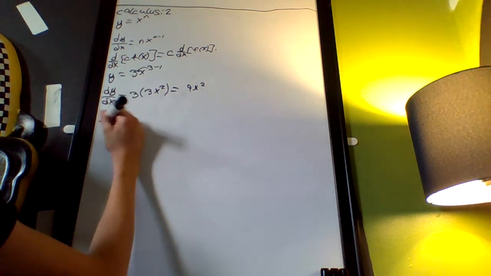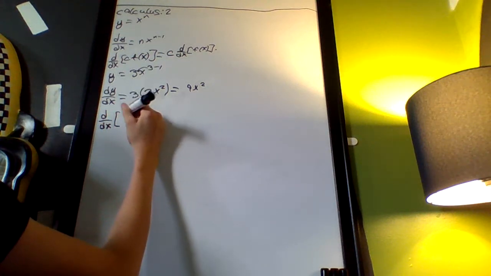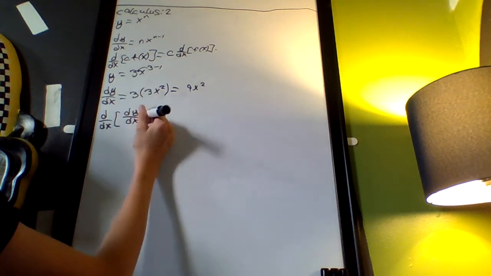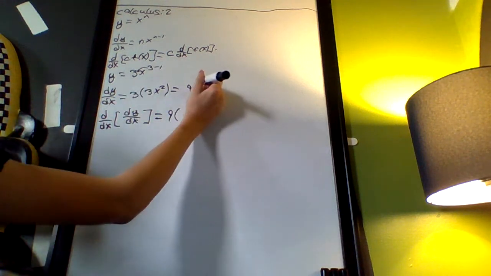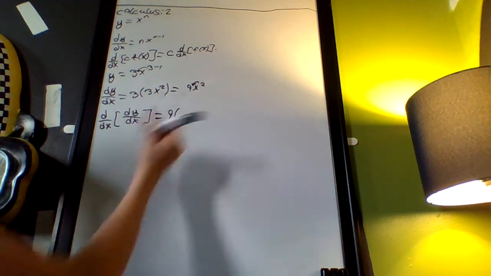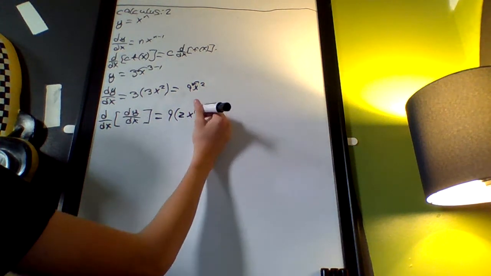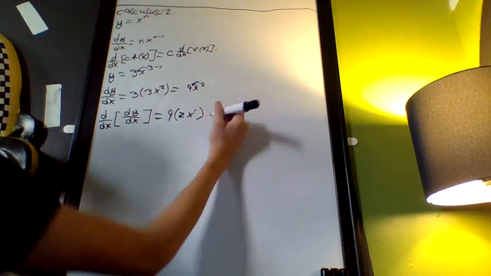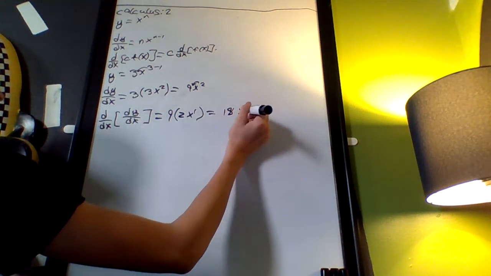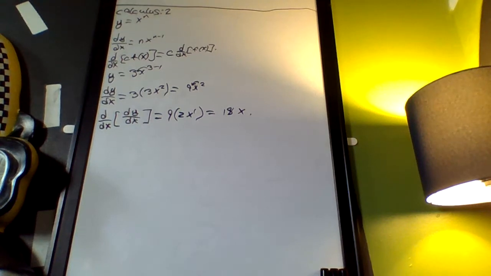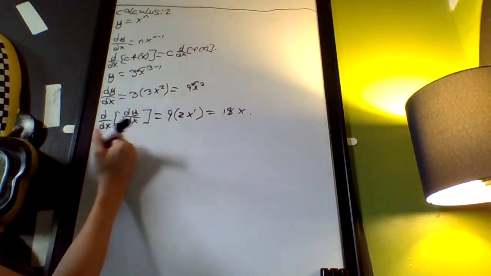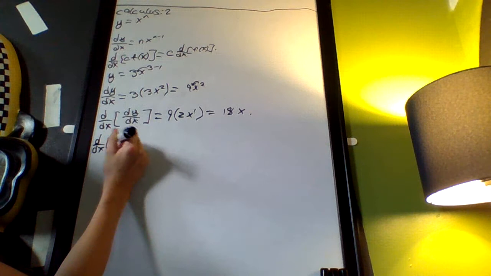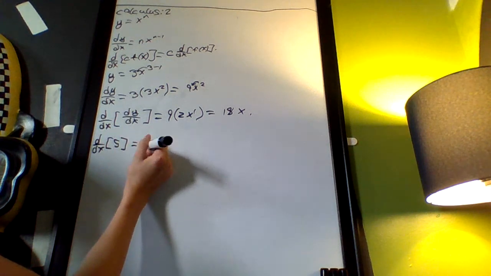And if I were to take the derivative of that, it's going to be 9 times the derivative of x squared. Put that 2 right down in front. You get 2x to the first, 2 minus 1 is 1, which gives us 18x.